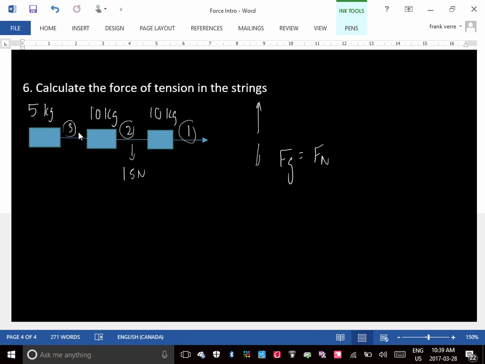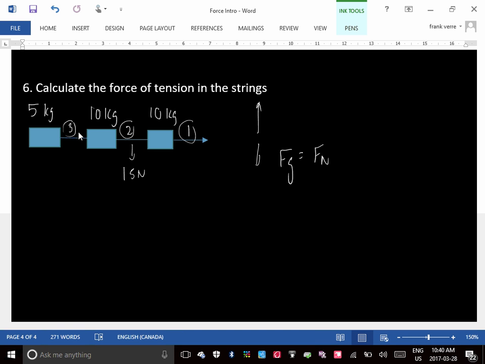Which of the three strings should have the highest force in it, or highest tension? Shouldn't it be the first? So the first string pulls the entire system, right? The second string only pulls the last two masses. And the third string just pulls the last one, right?